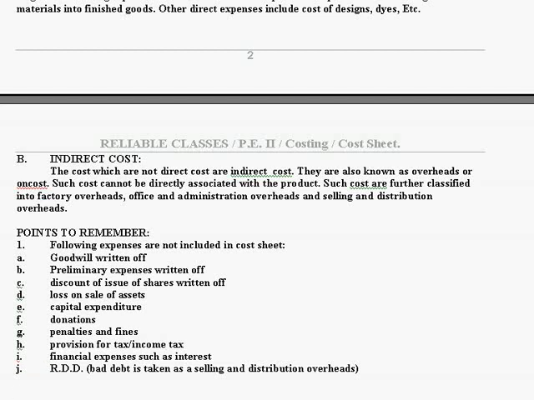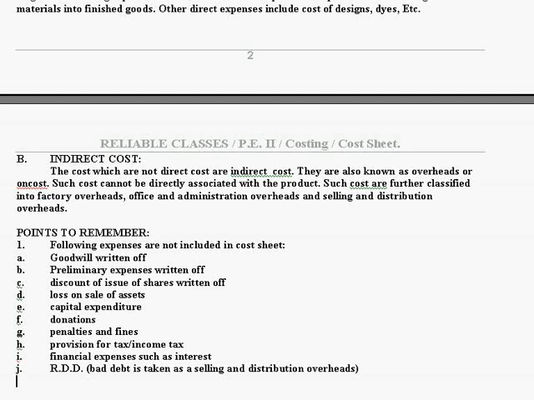Then you have excise duty. It's a tax on production, so it comes under factory overheads. Then you have octroi duty, import duty, customs duty. These are direct materials consumed, expenses relating to purchase. So these taxes will come. Only income tax or tax on profit will not come.